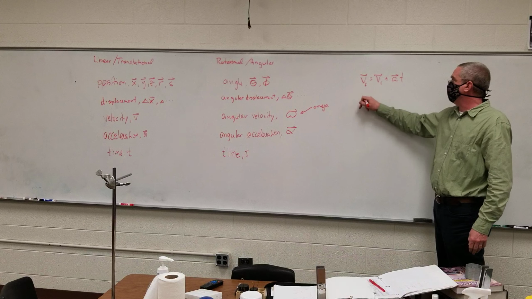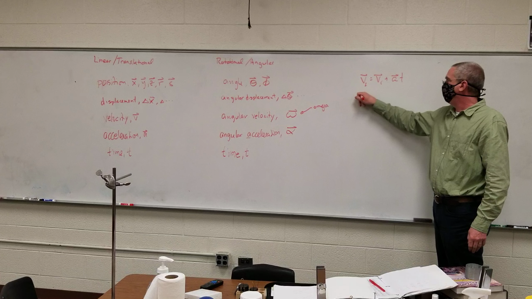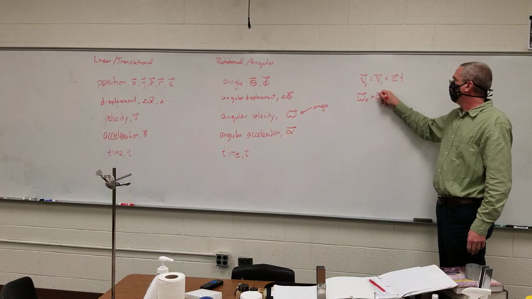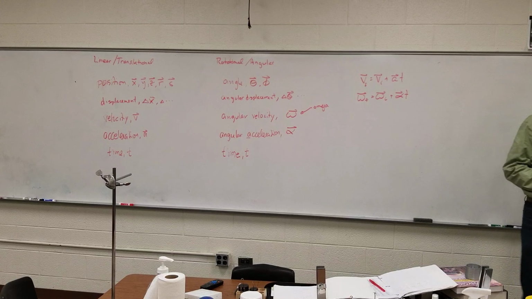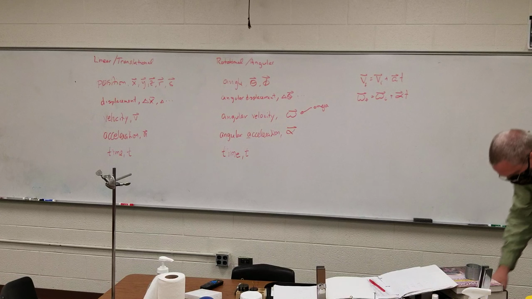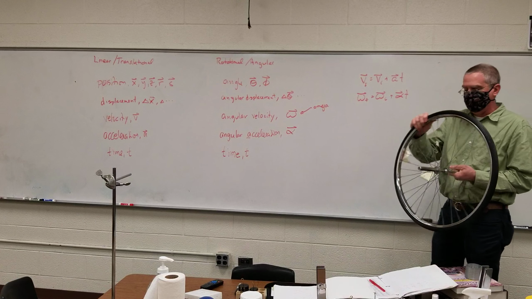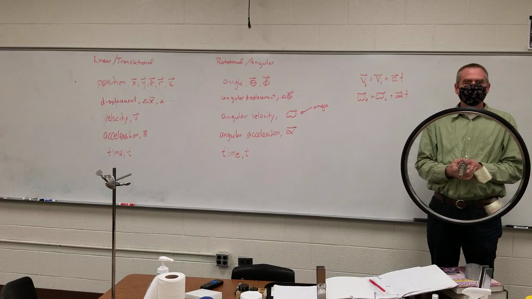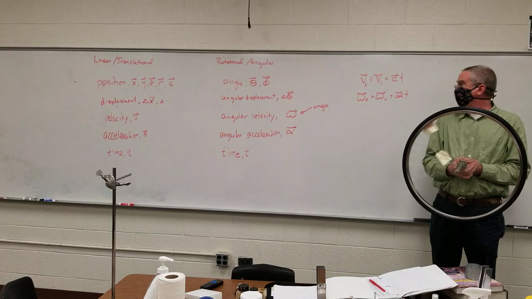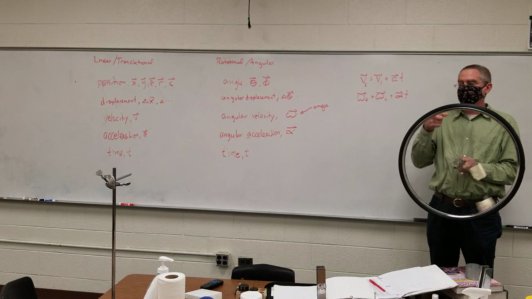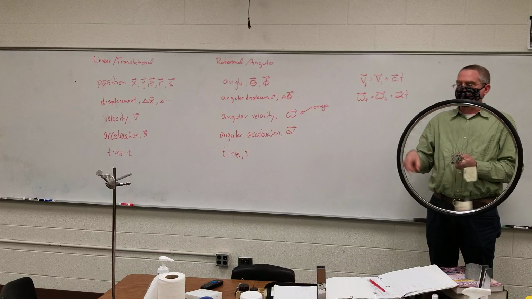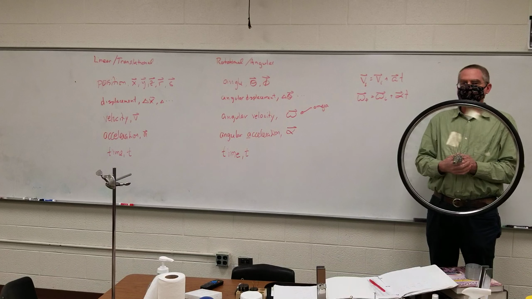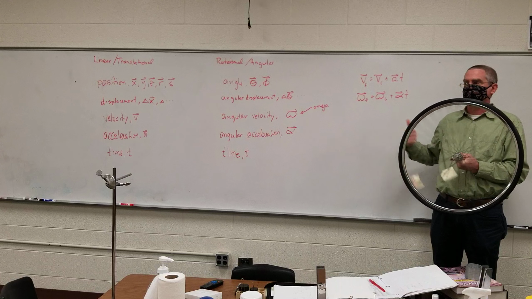All we have to do is transliterate, so that becomes omega F equals omega I plus alpha T. So I have something that is spinning. So I take my wheel and I rotate it. It's going to slow down eventually because of friction. So there's a change in angular velocity. So I take my initial angular velocity, figure out my angular velocity sometime later. I can figure out my angular acceleration by just plug and chug.